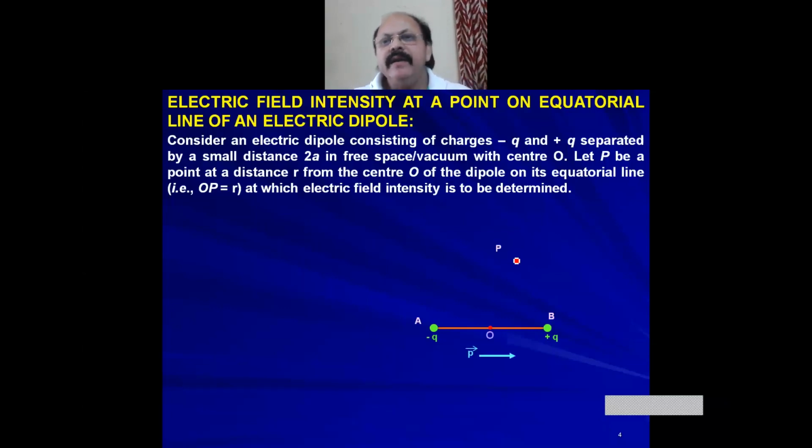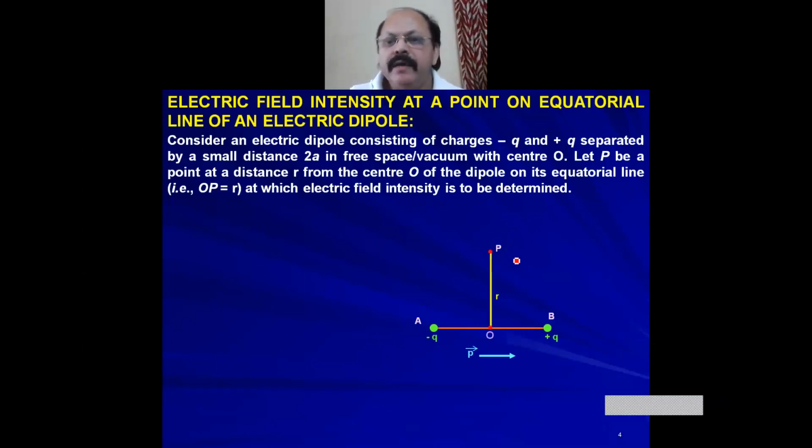So you understand further like that. Equatorial line is the line which is perpendicular to the axis of the electric dipole and passes through its center.